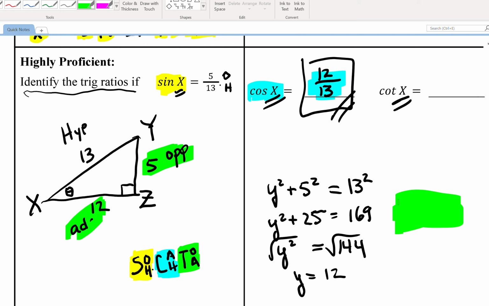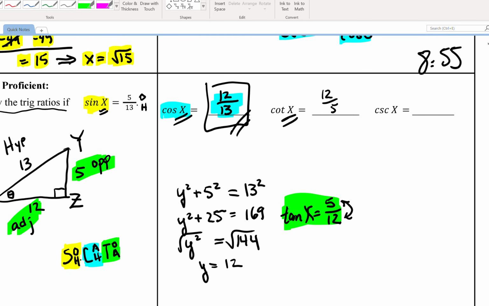So the tangent of X would be 5 over 12, right? Opposite over the adjacent. But the cotangent then is the reciprocal of that, and so it would just be swapped. And so the cotangent is 12 over 5.